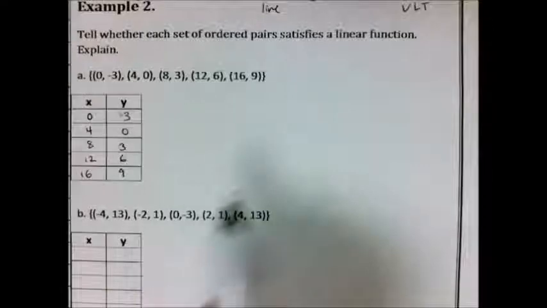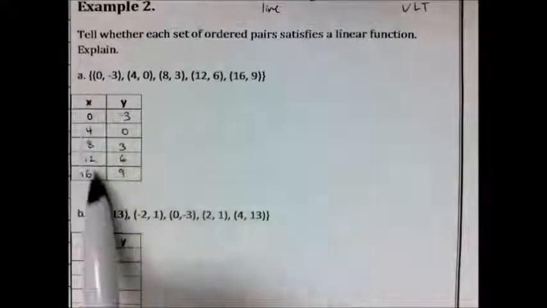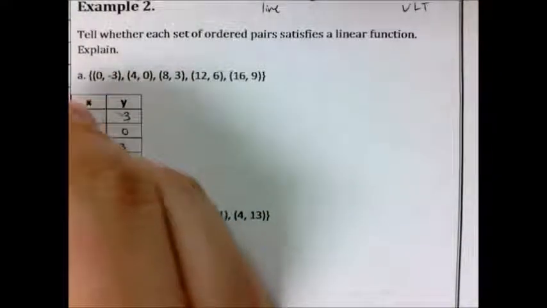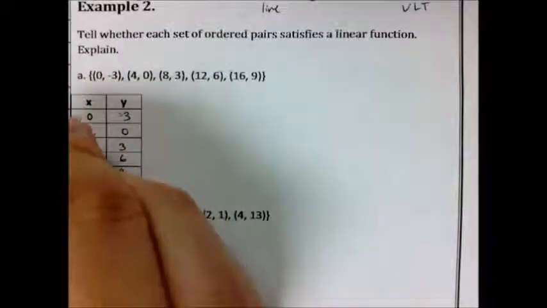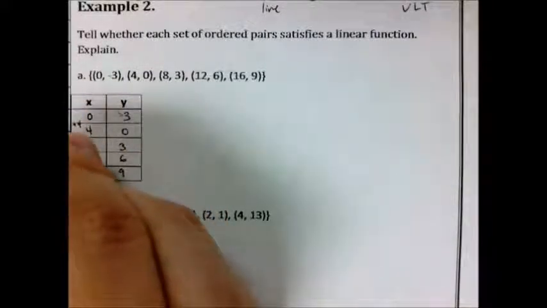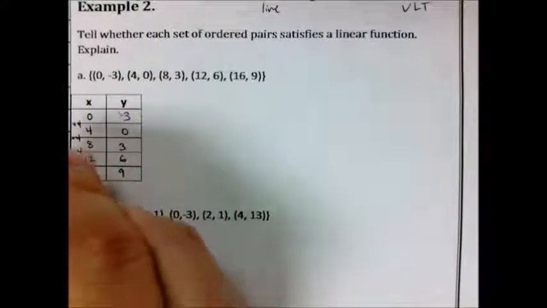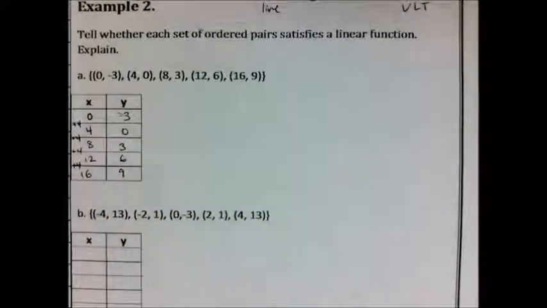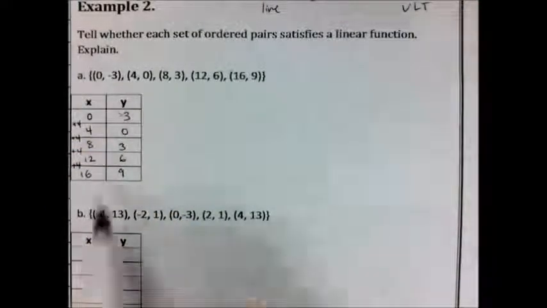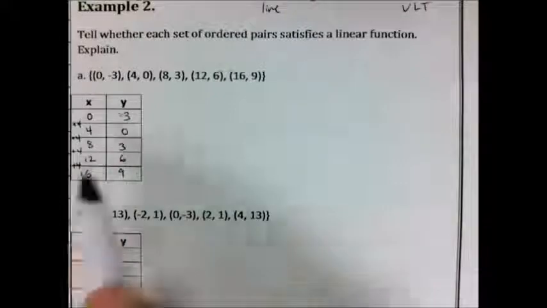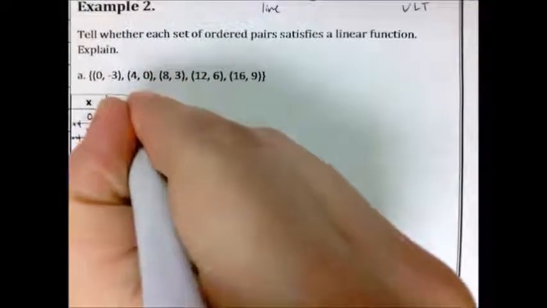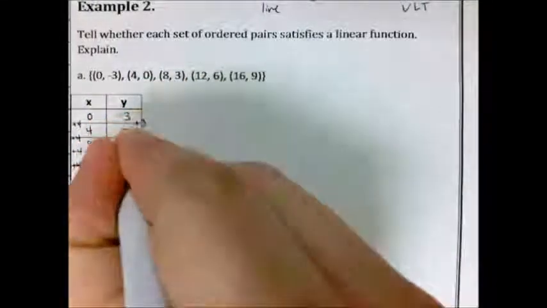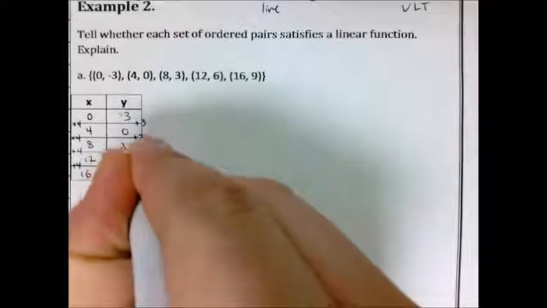Okay, and then we want to evaluate what is happening here. Well, we can see that from 0 to 4, it goes up 4. It goes up 4 between 4 and 8, up 4 between 8 and 12, up 4 between 12 and 16. Okay, so we can see how it's going up here. For y, it's going up 3, up 3, up 3, up 3.